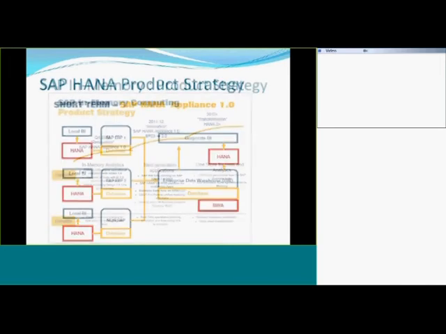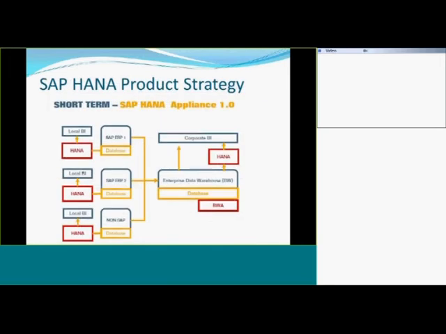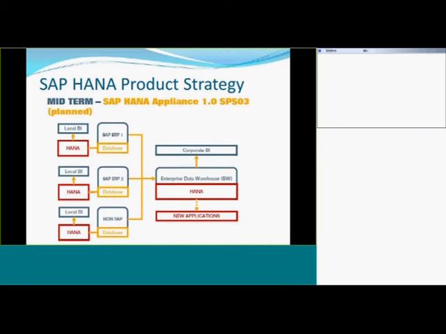Then in the midterm offering, what SAP suggested is that not only your OLTP systems, but your BW application also can go on HANA. So they said that we will provide the functionalities where your BW application can be migrated onto the HANA database, and different additional functionalities we can make available.